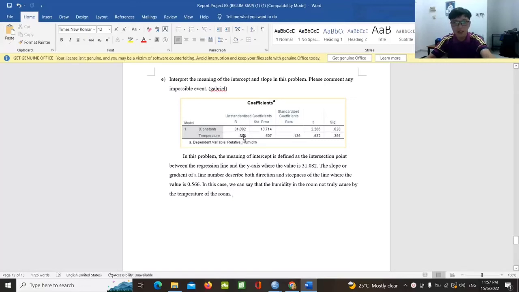So in this case, we can say that the humidity in the room is not really caused by the temperature of the room. It can be caused by many causes, but not truly affected by the temperature.